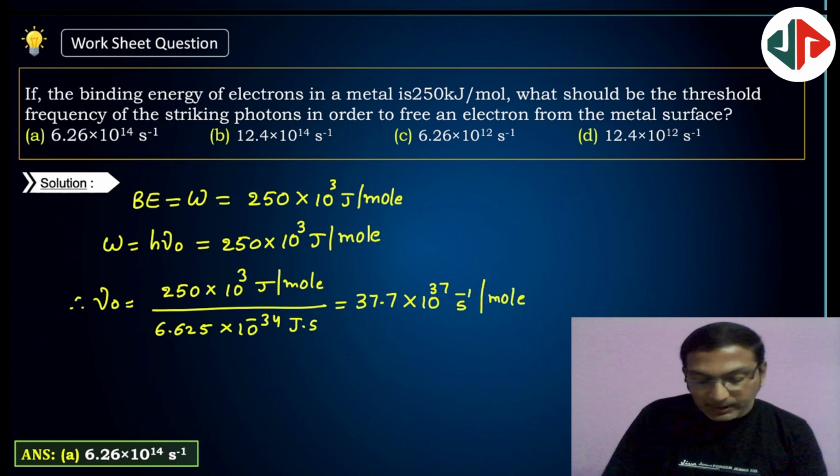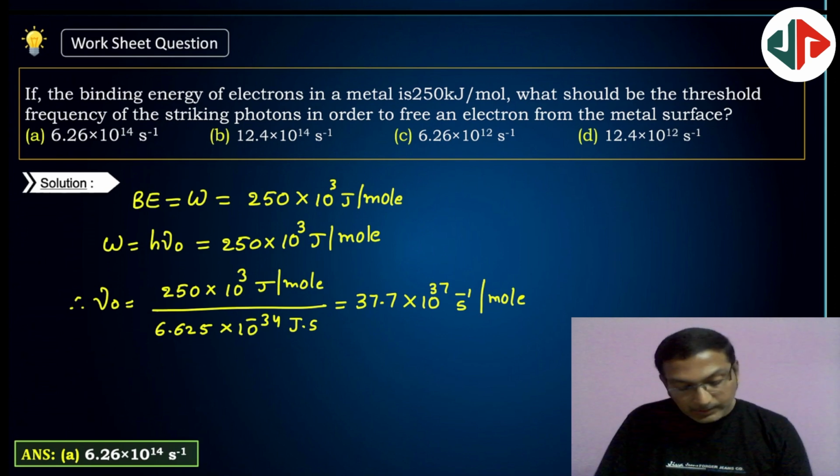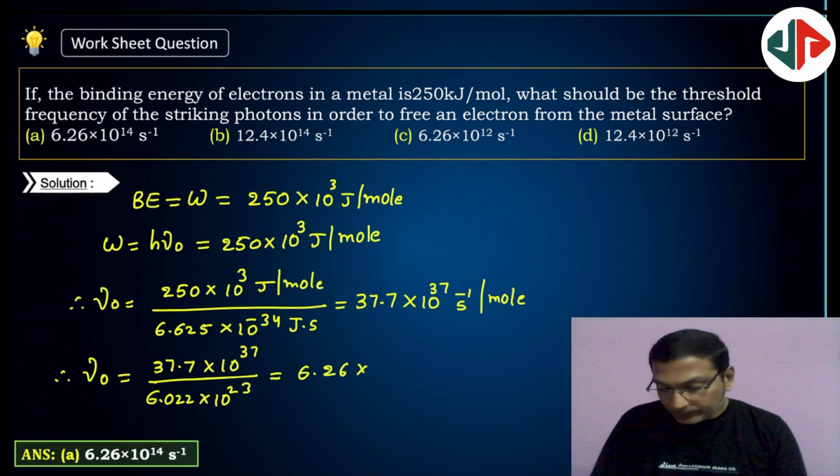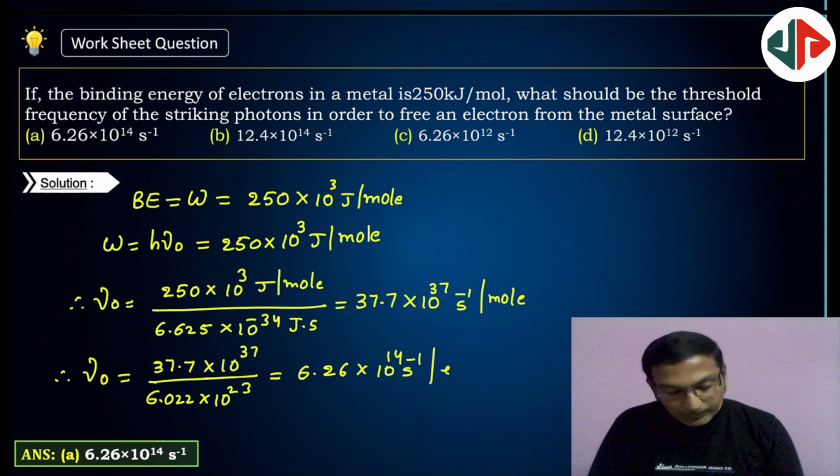But they are asking for 1 electron. Therefore, nu naught equals 37.7 into 10 power 37 by 6.022 into 10 power 23, which is Avogadro's constant. This value is 6.26 into 10 power 14 second inverse for 1 electron.